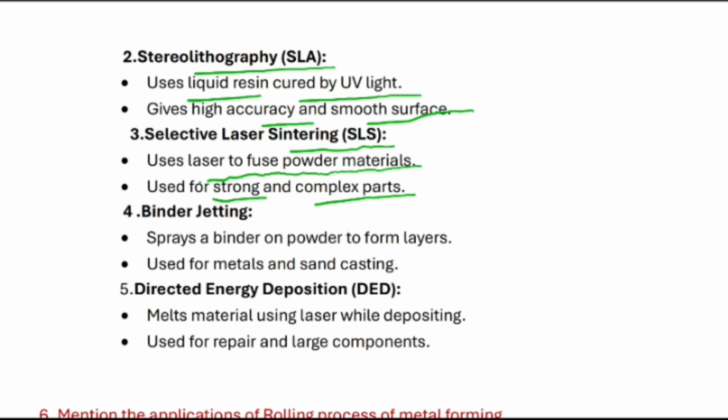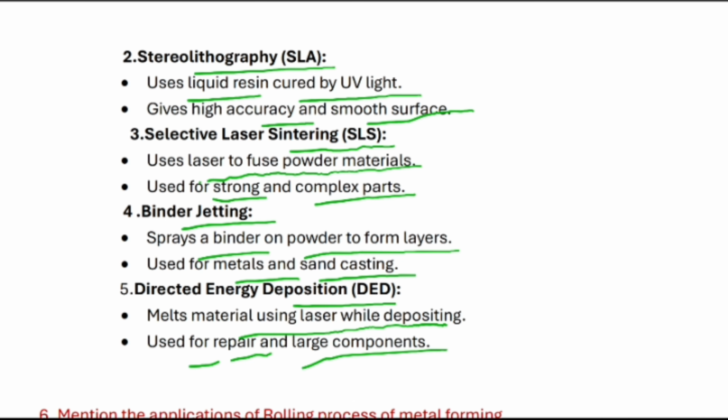Next is binder jetting, which sprays binder onto a powder layer by layer, used for metals and sand casting. And next is directed energy deposition, DED, which melts material while depositing it layer by layer, and is used for repair and large components.